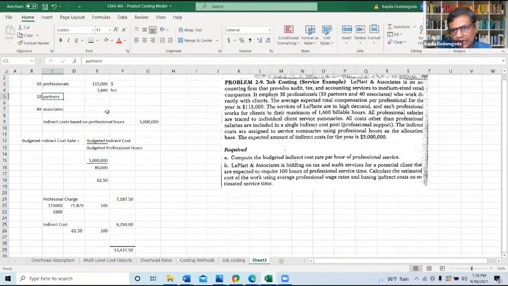So there can be a drastic difference between the average cost of a partner versus the average cost of an associate, right? That is not captured in the current costing method. Therefore, like you suggested, you can go into detail and charge depending on the partner's time and associate time separately. That will give us a better solution.